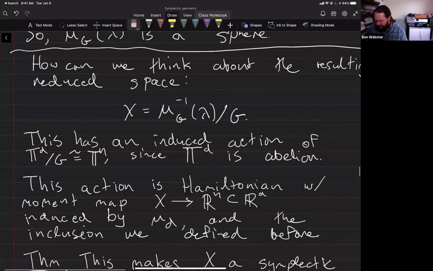So I have reduced space X. It has an action of Tn, and this action is Hamiltonian via just looking at the moment map for the group Tn restricted to that level. So it's Hamiltonian with the moment map where I map to Rn, thought of as an affine subspace of Rd in the way we discussed before.